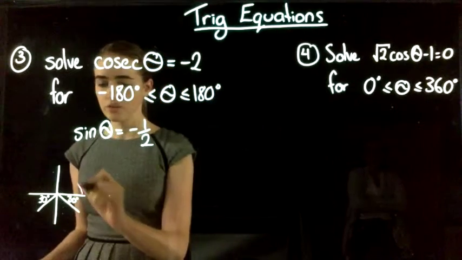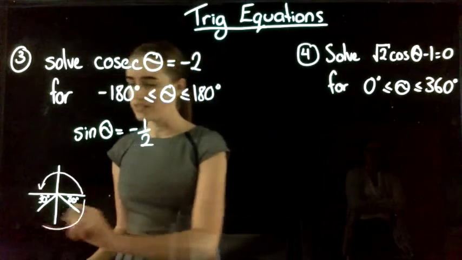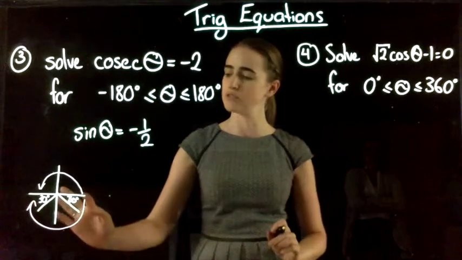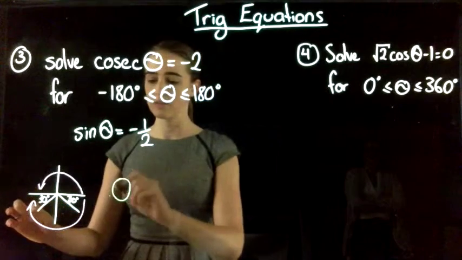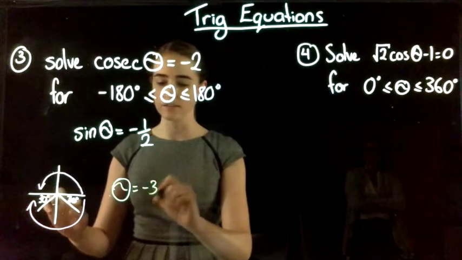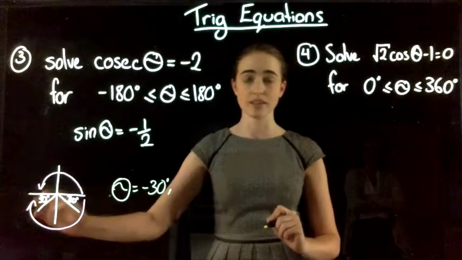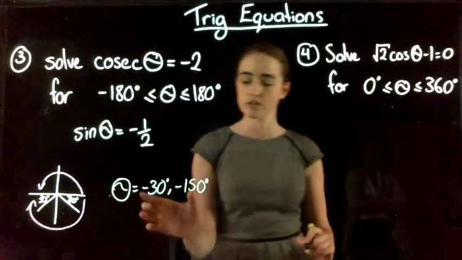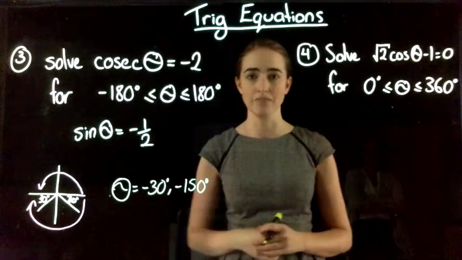From 0, we're going to read around this way to 180, and then we're also going to read around this way to minus 180. Because both of our angles are down the bottom, they're both going to be negative angles. So we're going to end up with theta is equal to minus 30 degrees, and also, if we come all the way around to this one, that's going to be minus 150 degrees. Those are the two values of theta that satisfy that equation within our given domain.